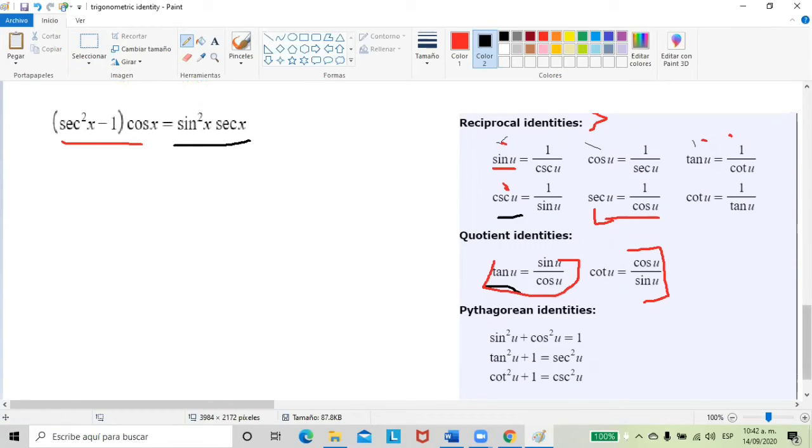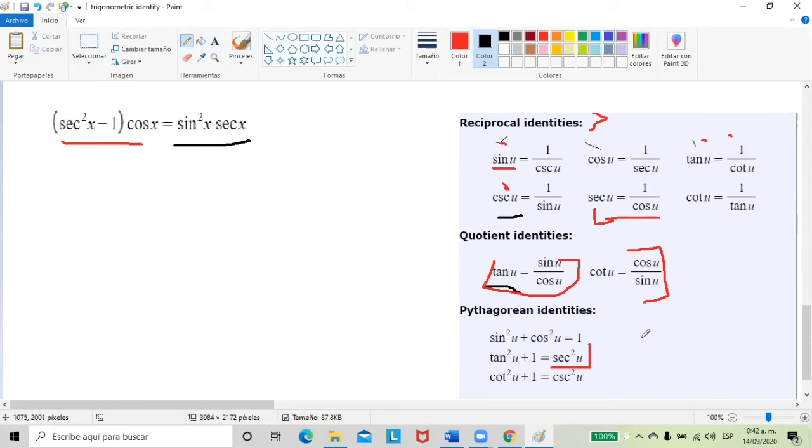So to make secant squared of x minus 1 equal to the right side, we use this. We have here secant squared of u equal to tangent squared plus 1, but what we have is negative.